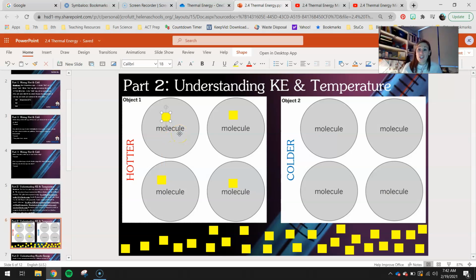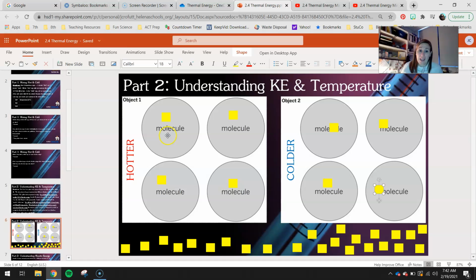Okay, my suggestion to you guys is, obviously this is your hotter molecule, so should that have more or less kinetic energy? My suggestion would be to do a you get one, you get one method, because remember, you have to use all of these cubes, and each of these molecules in each object need to have the same amount.